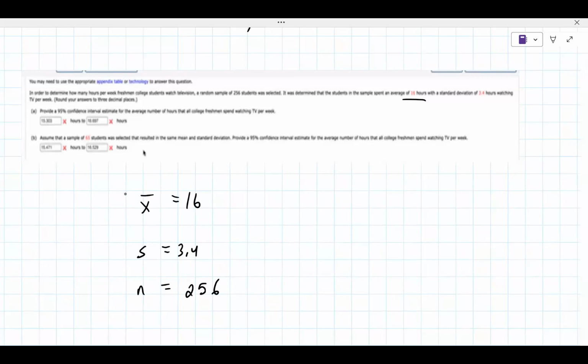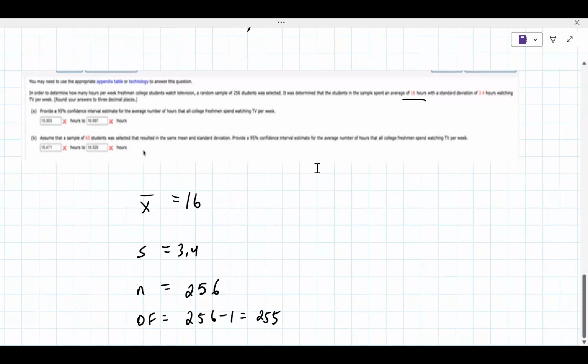So when you look at your T table, it probably does not go down to 255, but I'm not sure. Could you check if yours does? The appendix table. The reason I'm asking is technology does go down to 255, but your table might not.